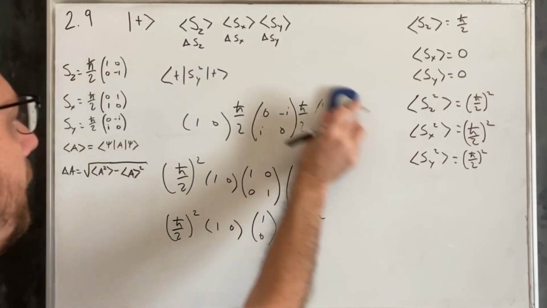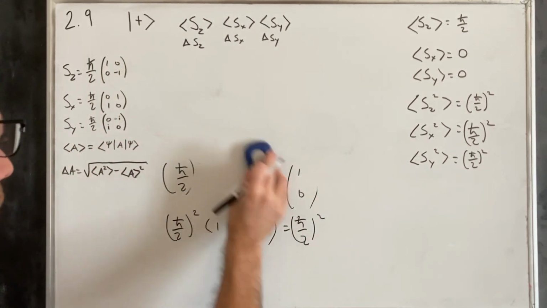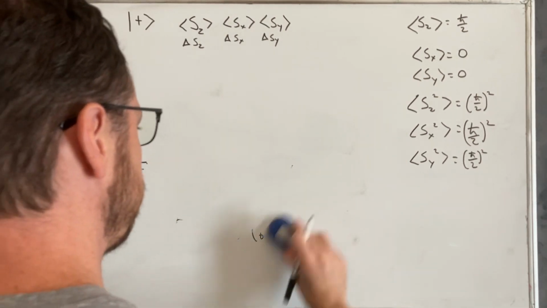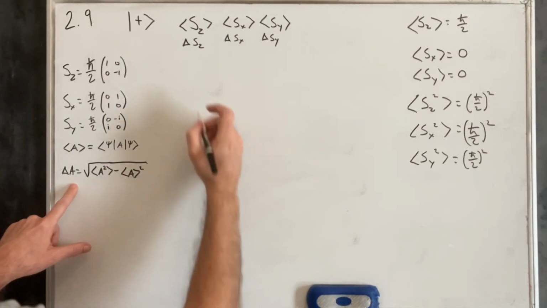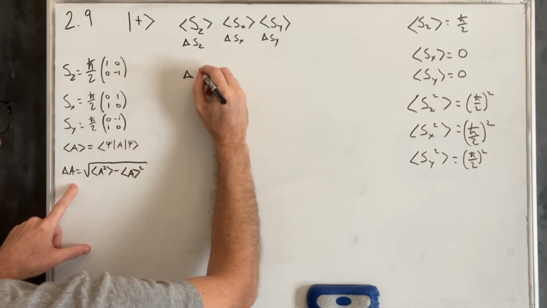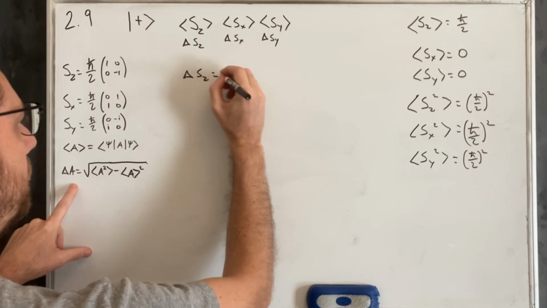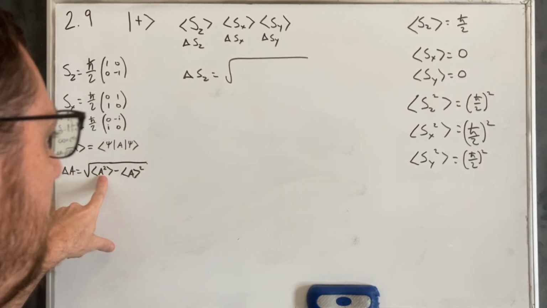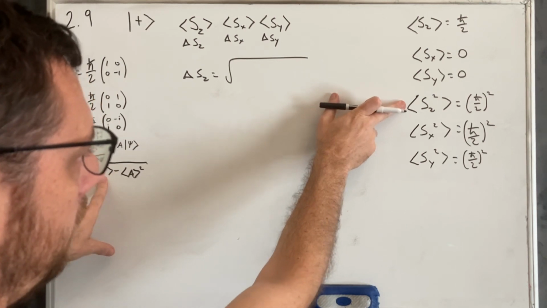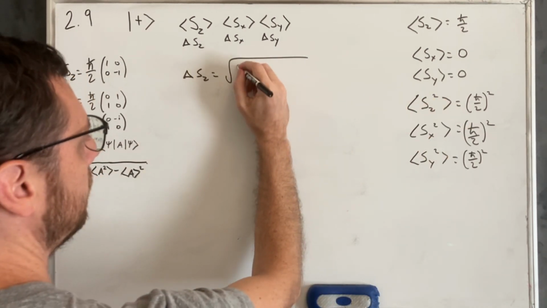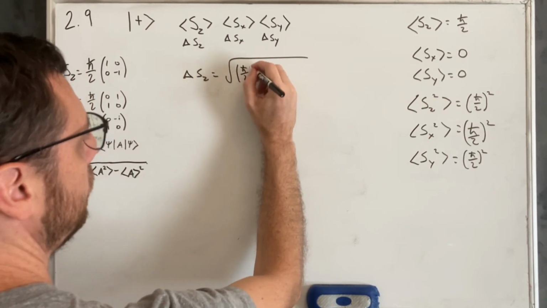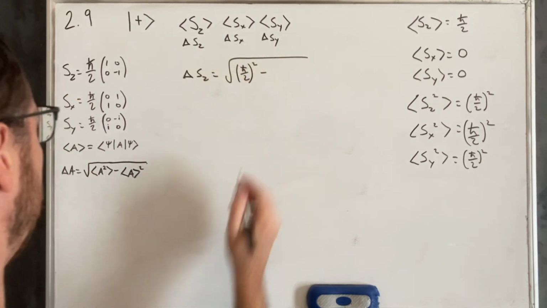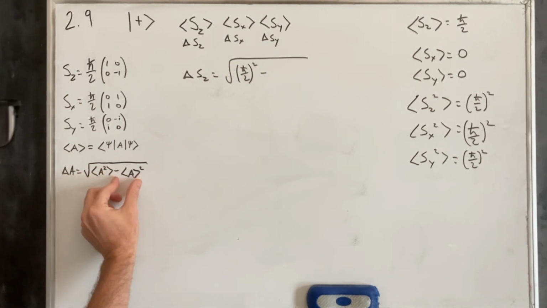All right, so then now we just need to do our uncertainties right here. Let's start with our SZ. That's going to equal the square root of this one right here. So SZ squared expectation value is h bar over 2 squared, minus our expectation value, and then square it.